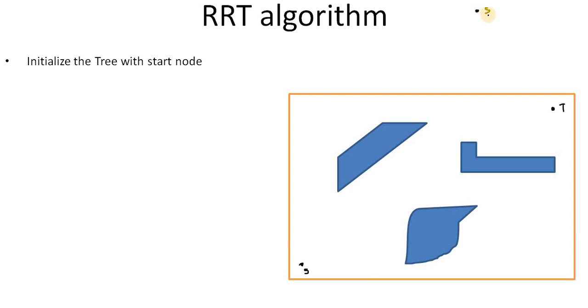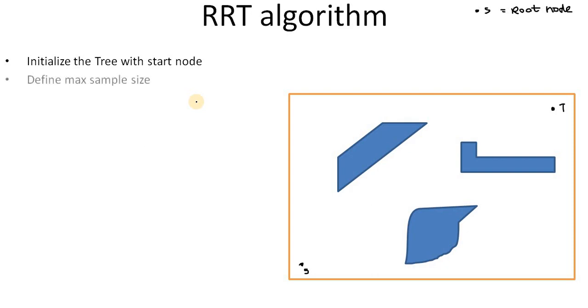This is our root node. The start node is the root node. You remember that in each tree there is a root node where the whole tree starts. The root node has no parent, you can say. So this is the first step of the RRT algorithm.